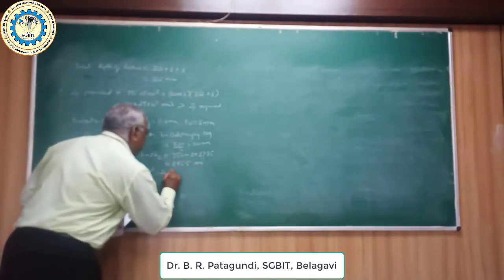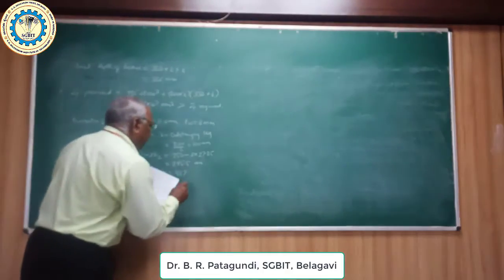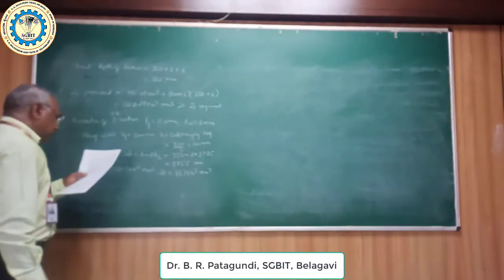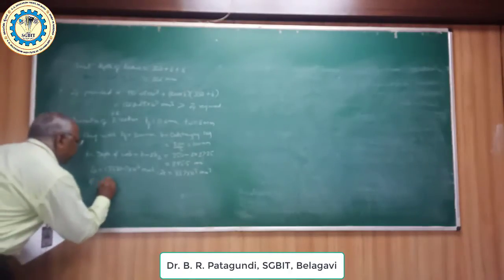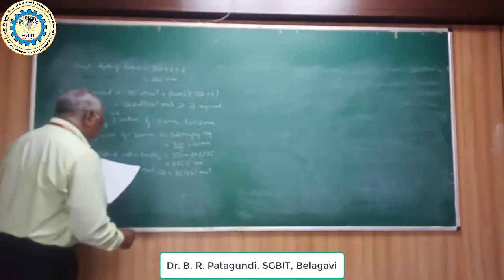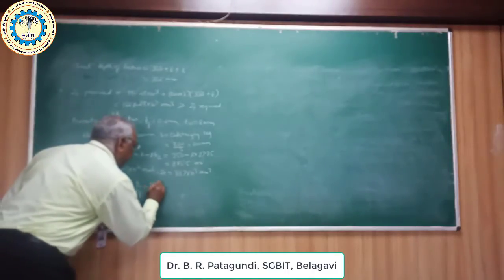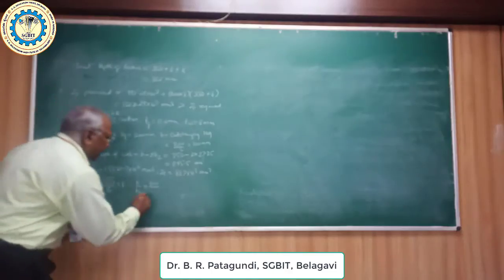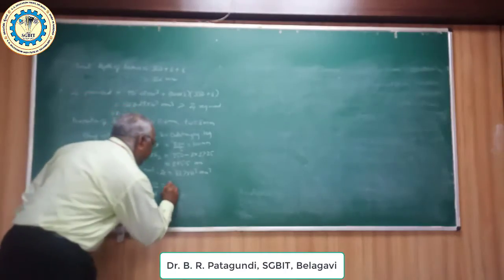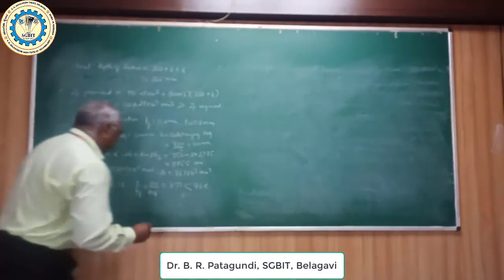ZE, elastic section modulus of the I section, is 887 into 10 power 3 millimeter cube. So epsilon equal to the root of 250 divided by Fy, which is equal to 1. Then B by TF equal to 100 divided by TF, which is 11.4. So this ratio is equal to 8.77, which is less than 9.4 epsilon.